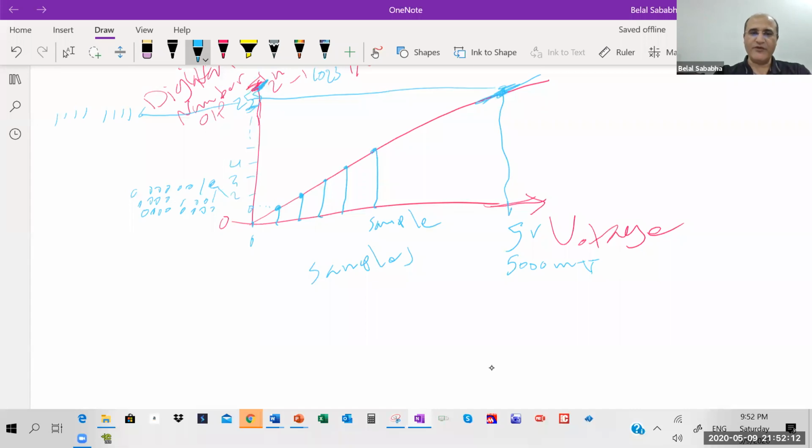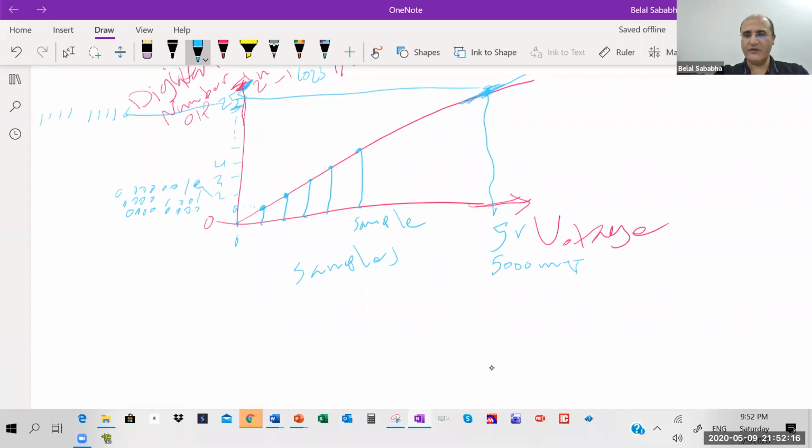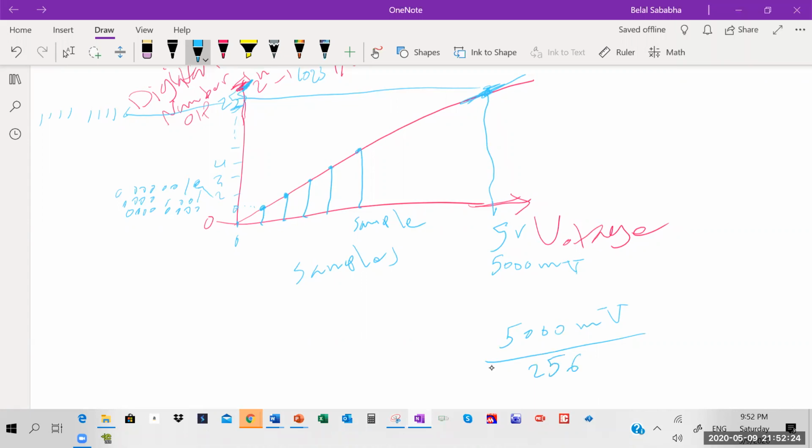Then each step over here translates into how many volts? Easy, 5,000 millivolts divided by 256 equals 19.5 millivolts, right?